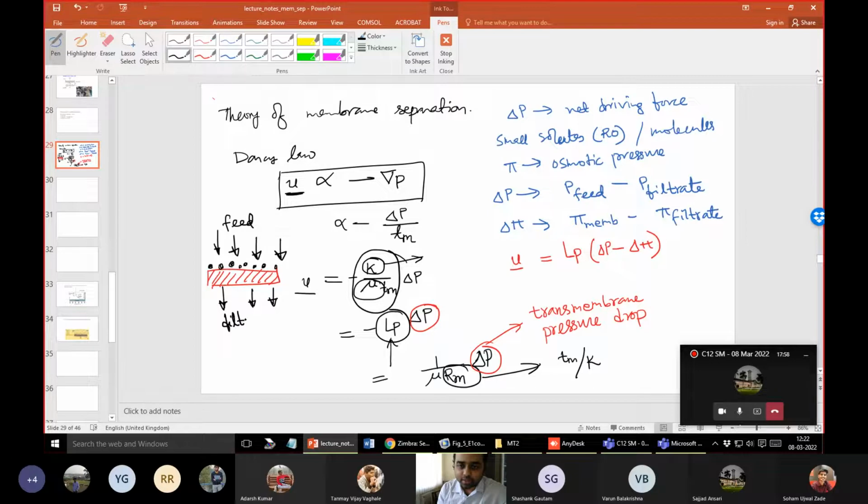In the filtrate side, it is typically represented as Cp, which is nothing but the concentration of the solutes in the permeate side. The bulk concentration is generally written as C0, and over the membrane surface we write Cm. We'll talk about these nomenclatures, but just have an idea about the different names of the variables.